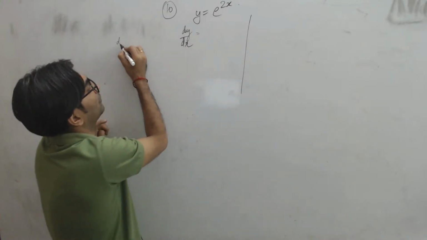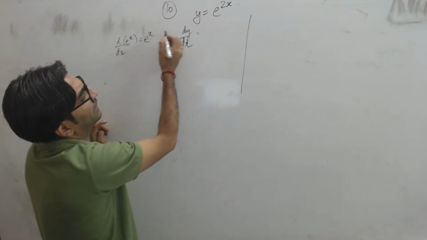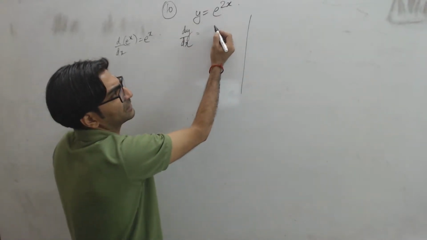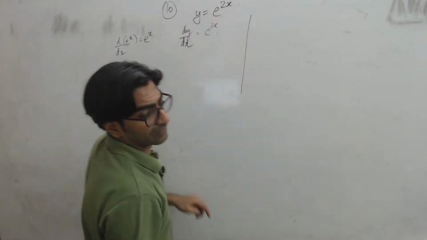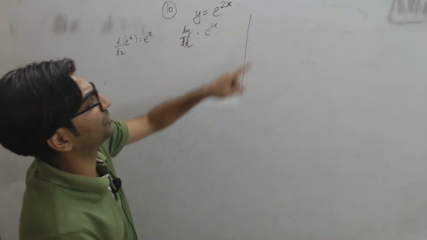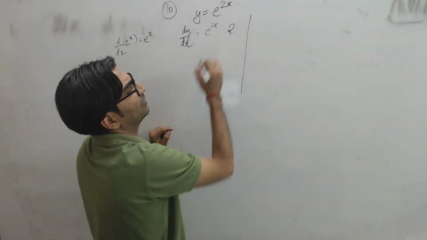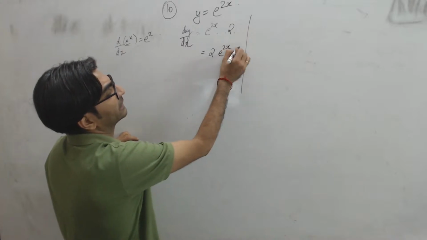Dy dx of e power x is nothing but e power x, right? So the first thing is differential of this will be e power 2x into differential of its power, right? Because here if you differentiate x, you get 1. But here if you differentiate 2x, you'll get 2, right? So this becomes dy by dx becomes 2 into e power 2x.